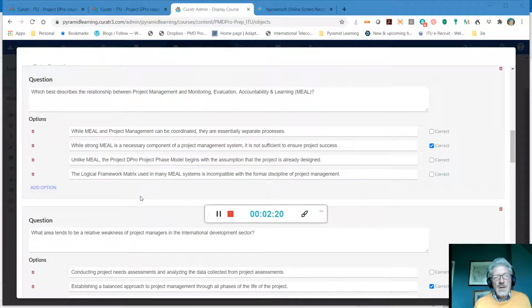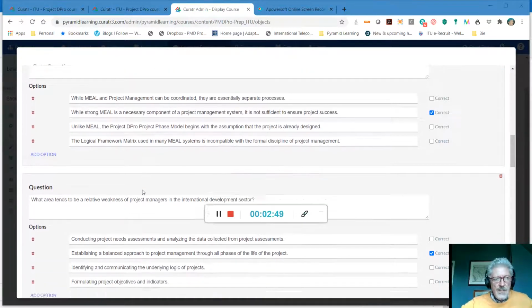Monitoring, evaluation, and accountability and learning is very important, but it's not going to plan, manage, implement the project. So it's not sufficient. And then it's the third one. The phase model begins with the assumption that the project is designed. No, it doesn't, so that's false. And the logical framework is incompatible with project management. Well, again, no, it's not, and it's actually included in the model. So correct answer there is B.